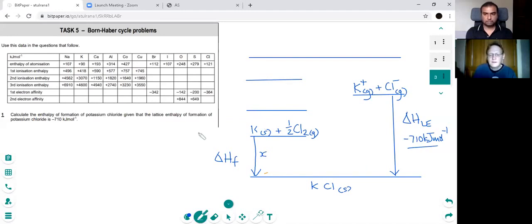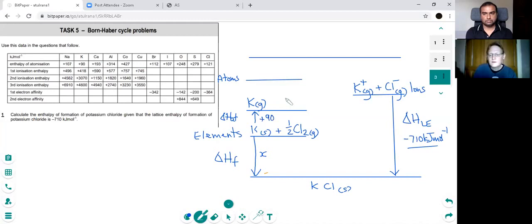So here we've got the elements, and the stages we go through are from the elements to the atoms, and then we'll end up at the gaseous ions over here. First we'll get the gaseous atom of potassium. That's the enthalpy of atomization of potassium, and if we look at the table, that's plus 90 kilojoules per mole.